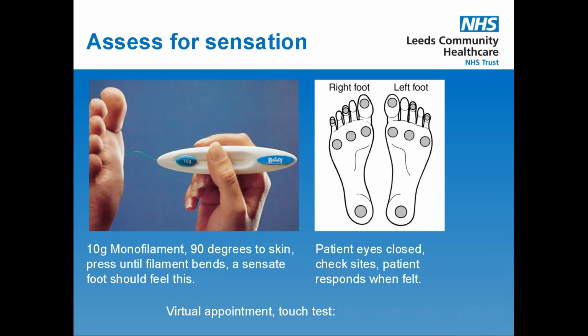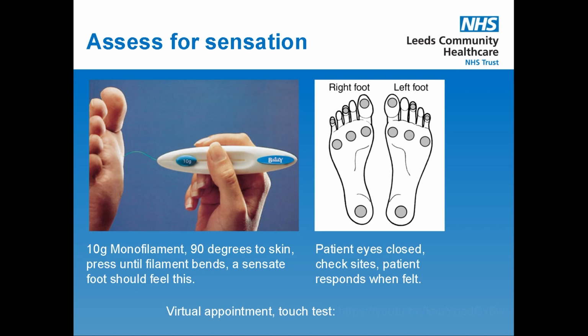When we are assessing people's sensation in their feet when they have diabetes, this can be and is commonly greatly reduced when patients have problems with their feet. This is usually assessed using a 10-gram monofilament, which is a cost-effective instrument that should be used across all areas of foot assessments for diabetic complications in their feet.